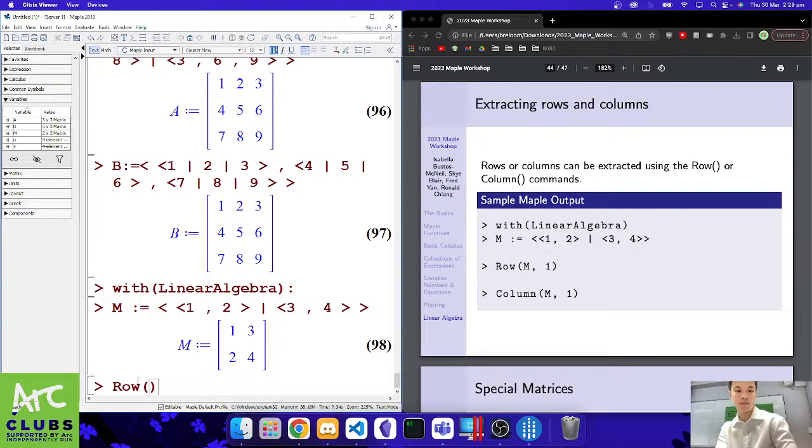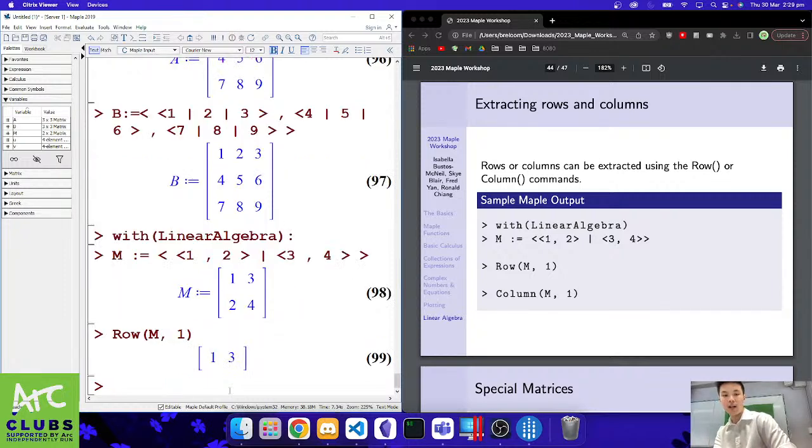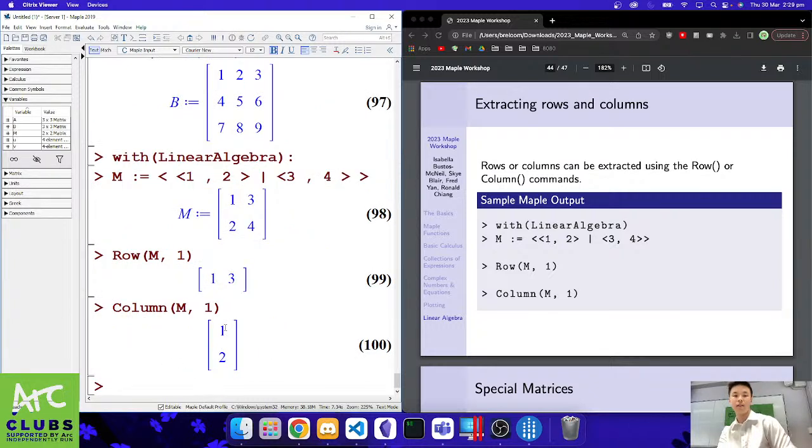And the first parameter is the matrix that you're calling the row command on, and the second parameter is which row that you want to take. Okay, so let's take the first row, and that will get us 1, 3 as we expected. Okay. And the same thing is the same with columns. We can call column M, get the first column, and we get the 1, 2 as we expected as well.